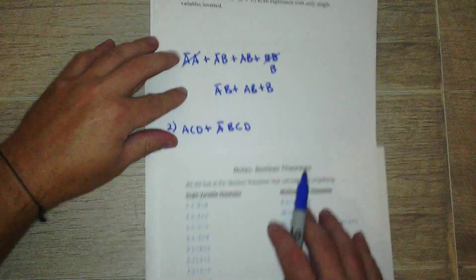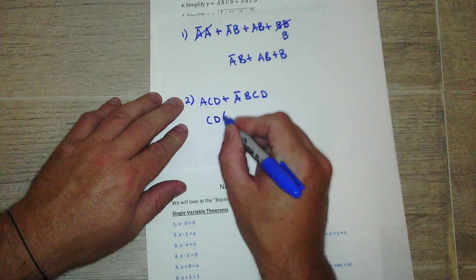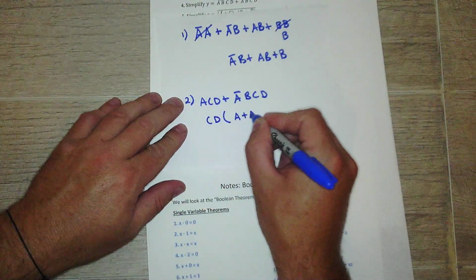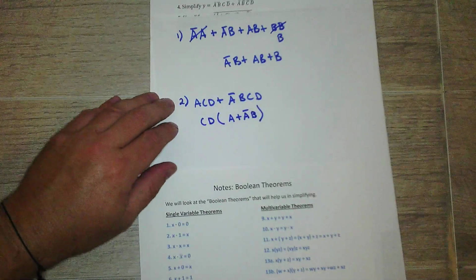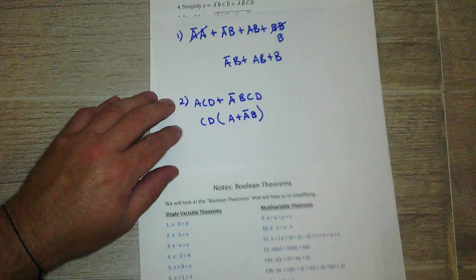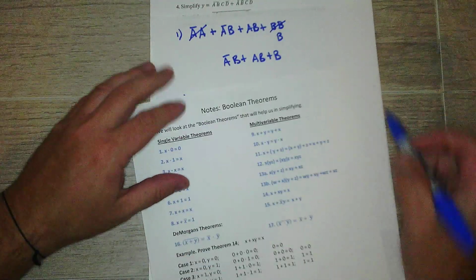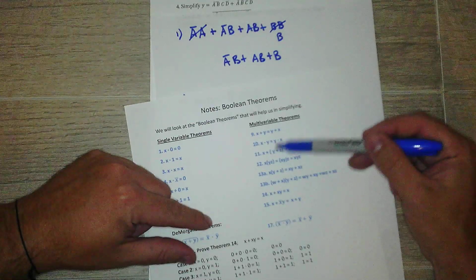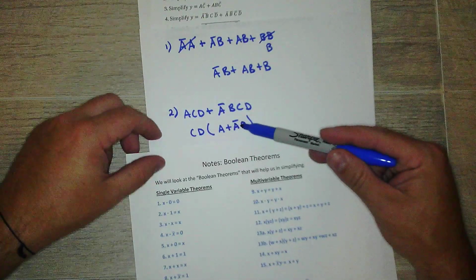What we can do is simplify it. Like I said, they both have CD in common. So we can simplify it to that, and then that may be simplified further. You look at your theorems and see if there's anything that resembles this that we can simplify.